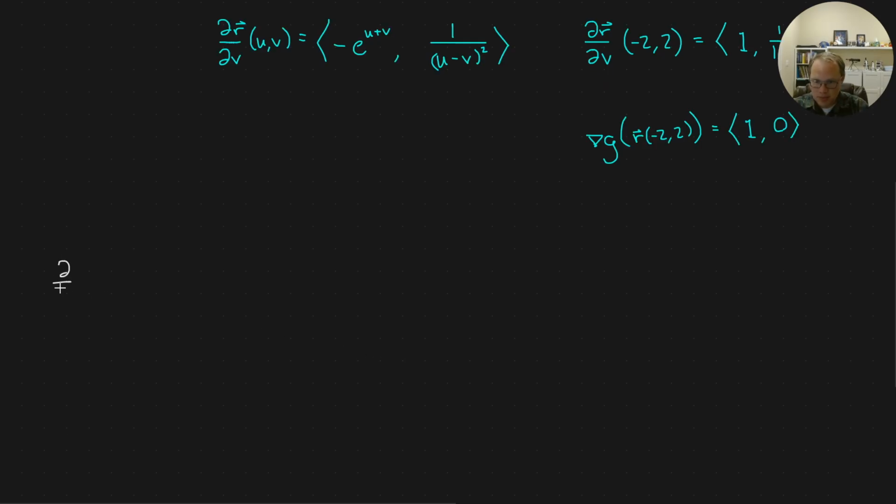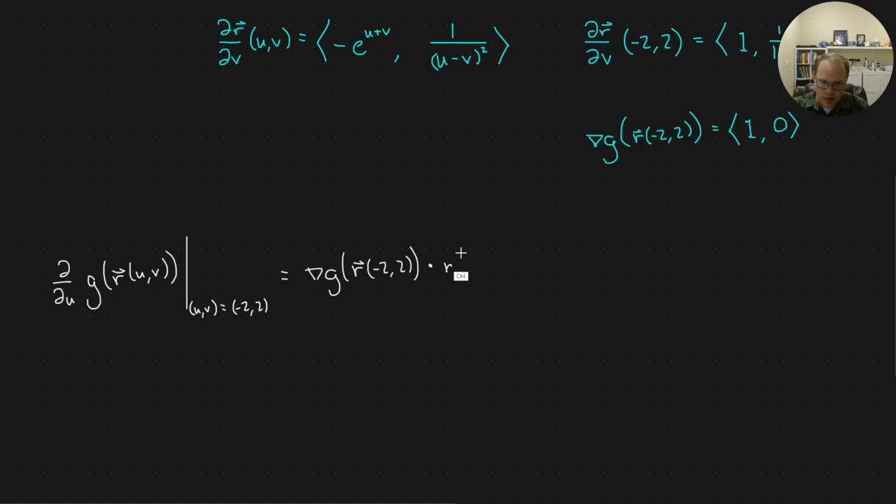What we want is the partial derivative with respect to u of g of r of uv evaluated at uv equals negative 2, 2. So that's going to be the gradient of g of r of negative 2, 2 dotted with the partial derivative of r with respect to u at negative 2, 2. I have both of these pieces.